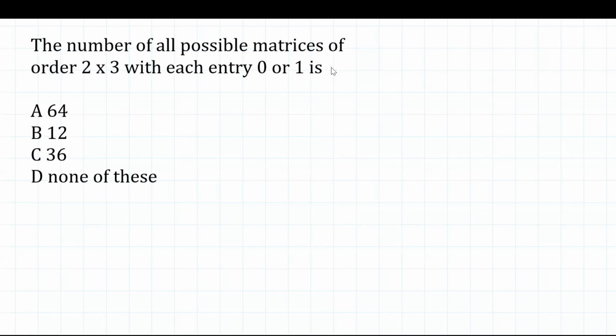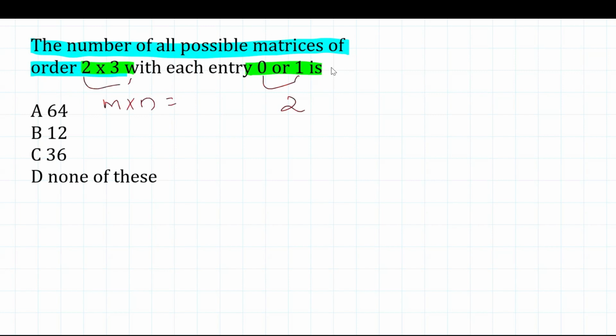So similarly, we can do this also. We have to find out the number of possible matrices. This time it is of order 2 by 3, with each entry being 0 or 1. So the number of choices this time is 2, and m into n is how much? 2 into 3, that is 6.